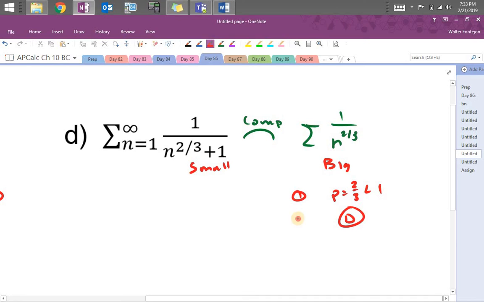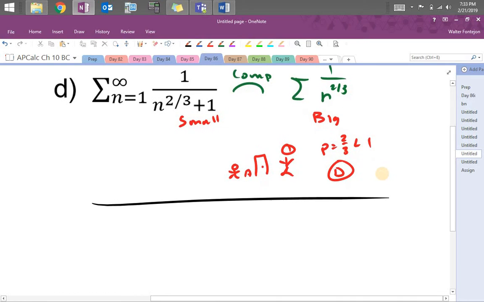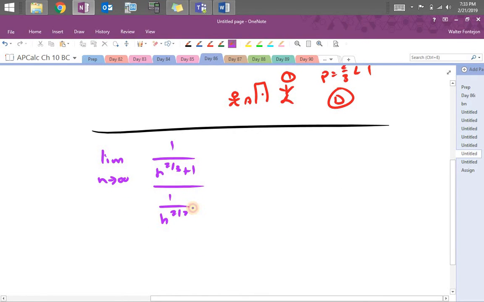Let's make the story. Big person cannot fit through the door. What does it say about small person? Depends. Depends on the door. So now what we are going to do here is the limit comparison test. Limit as n approaches infinity of, take the two series and divide them. This is 1 divided by n to the 2/3 plus 1, divided by 1 over n to the 2/3.